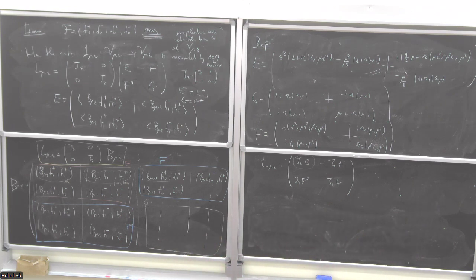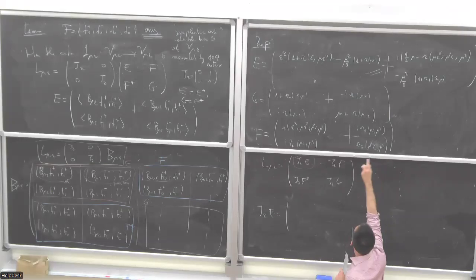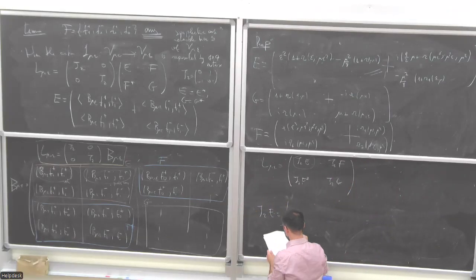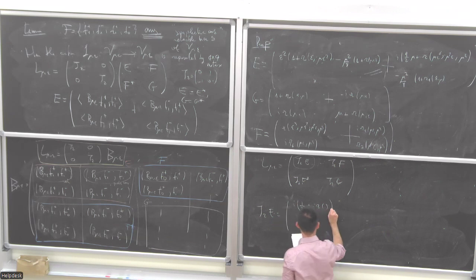So J2E is what? You see the two elements on the off diagonal are the same. So when I multiply by J, they go on the diagonal and they are the same. And they are purely imaginary, 1 over mu plus the remainder.